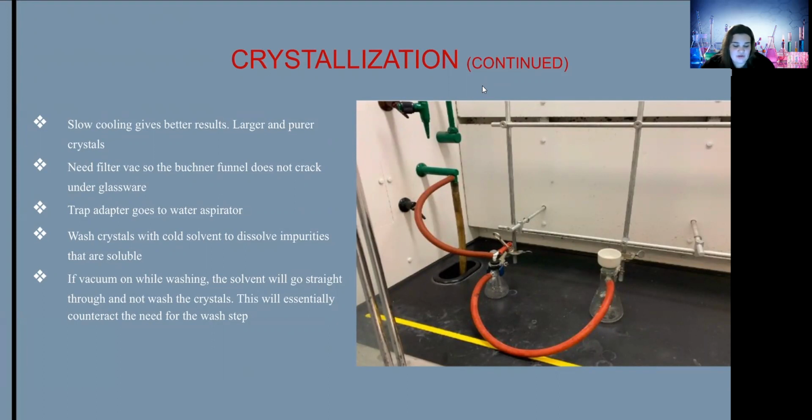So we said slow cooling gives better results, larger and pure crystals, excellent. Okay, vacuum filtration. This is probably the most important part and the most confused part. Vacuum filtration gets rid of impurities that are soluble.